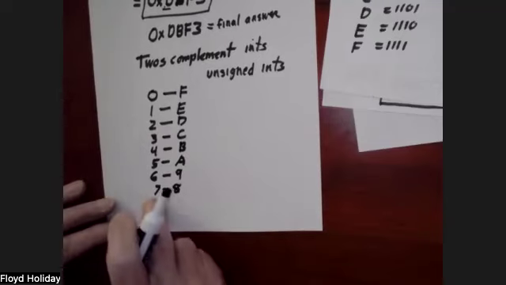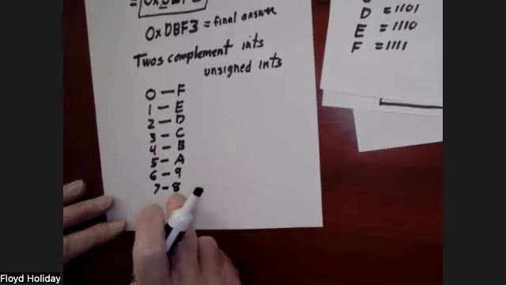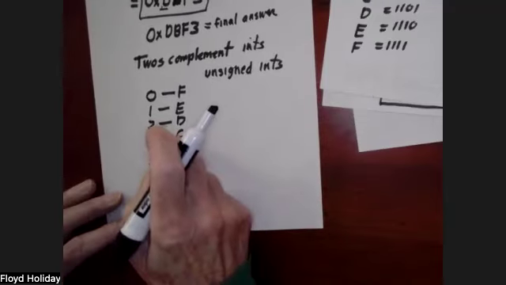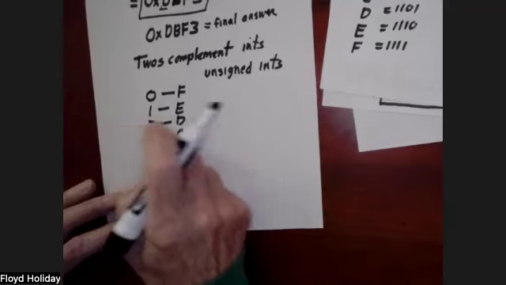So 7 has complement 8, 8 has complement 7. They form pairs. The complement of C is 3, the complement of 3 is C.